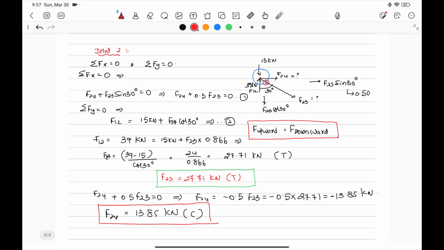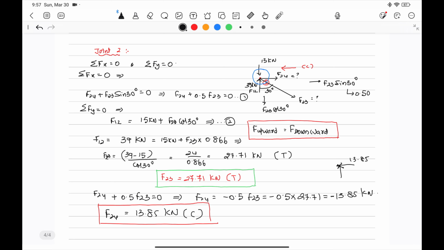Hence, whatever for F24 we have assumed, that is wrong. It should act in this direction. Because it is compression, it should be towards the joint. Then what is the final shape of the free body diagram? This is like this. This is 13.85.